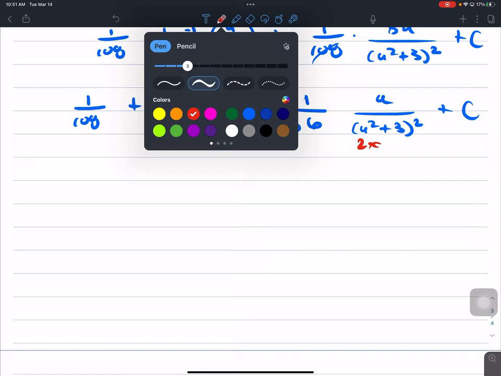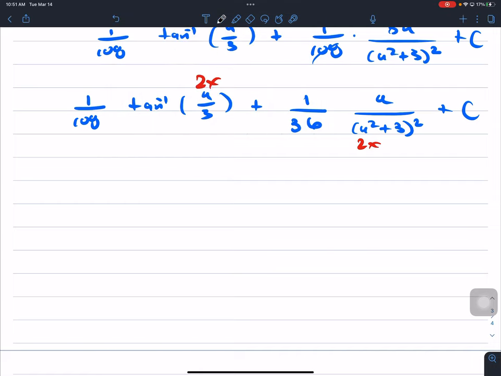So here's your final answer. 1 over 108 inverse tangent 2x over 3 plus, forgot over here, 2x.